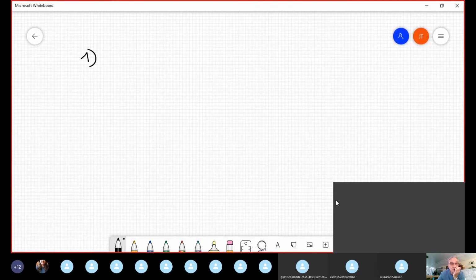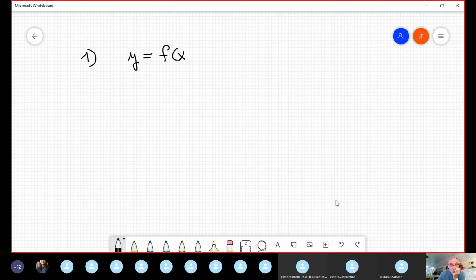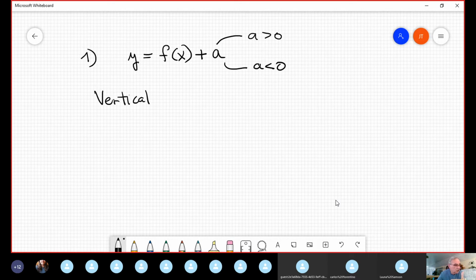For example, you have a function. And you add or subtract one number here, A. Now this transformation, when you add or subtract, because maybe this A is positive or negative, gives the graph one vertical shift.